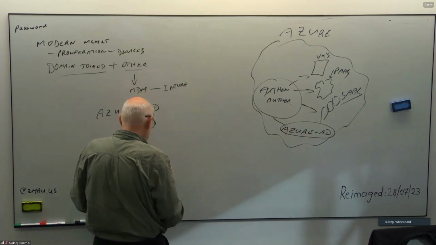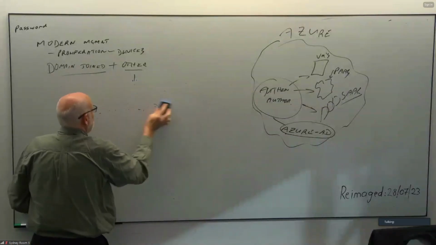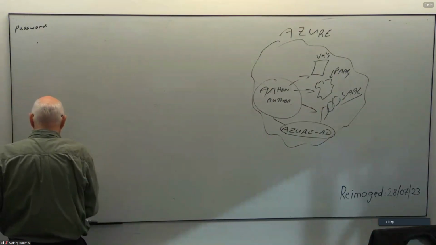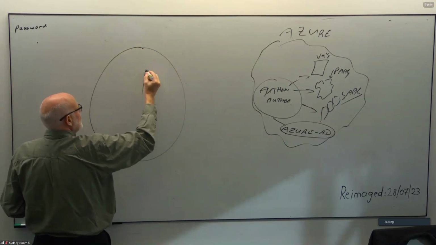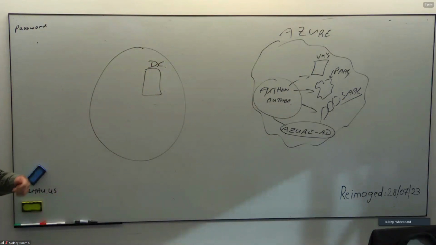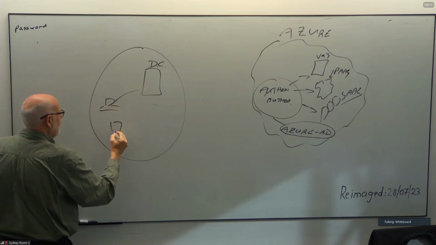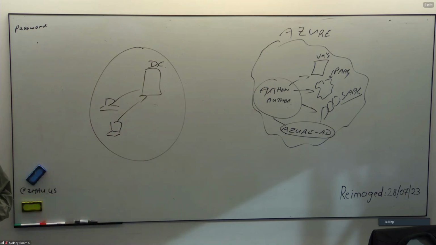Then we looked at on-prem, with our domain controller. On-prem, the domain controller is used for authenticating all my various devices on the network.